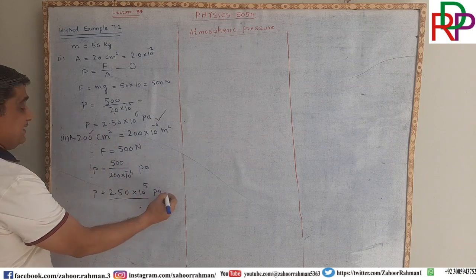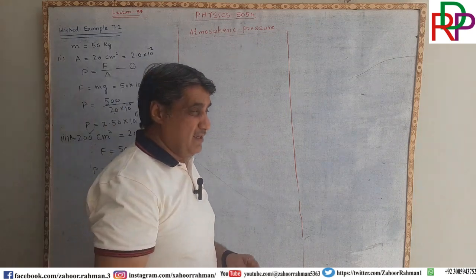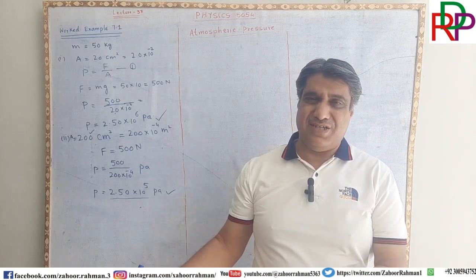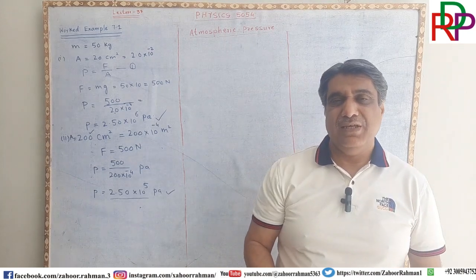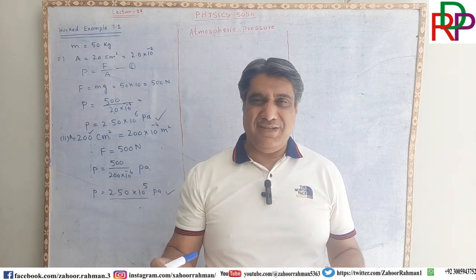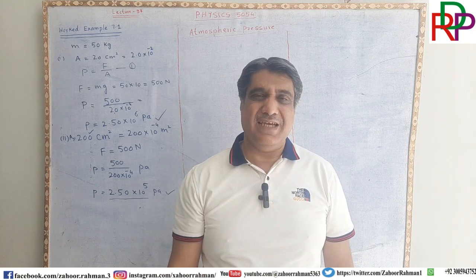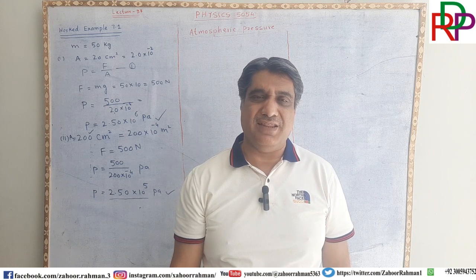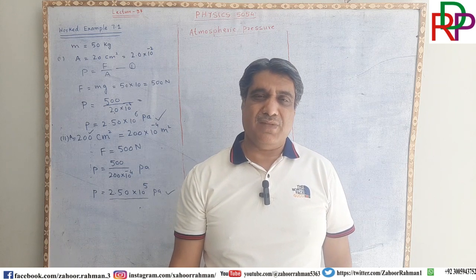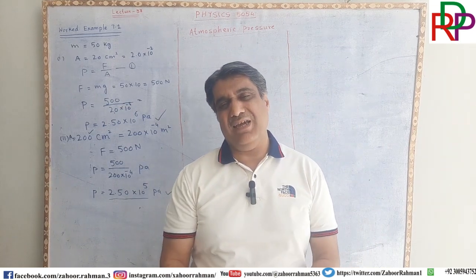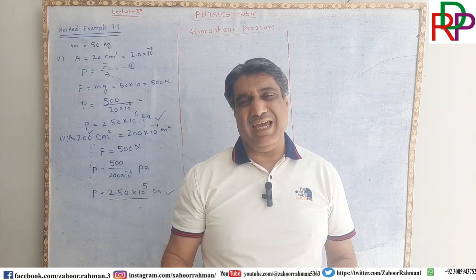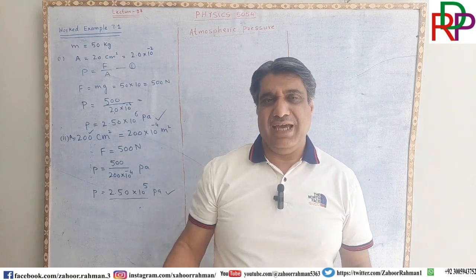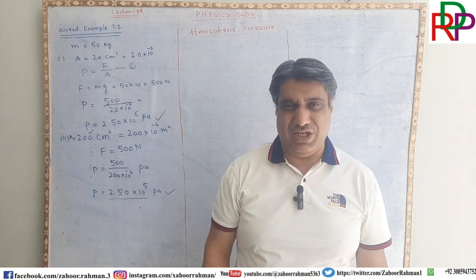More area in contact, less pressure. This is the confirmation of our yesterday's theoretical portion: if a lady is wearing a stiletto, she will exert a very high pressure on the ground, but if she is wearing flat sole shoes, she will exert less pressure. And this is our conclusion as well.